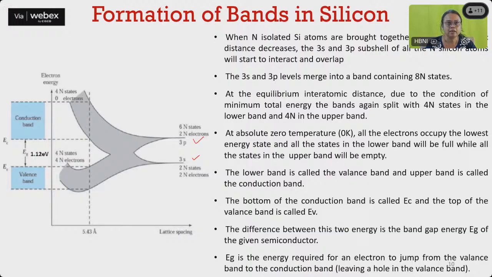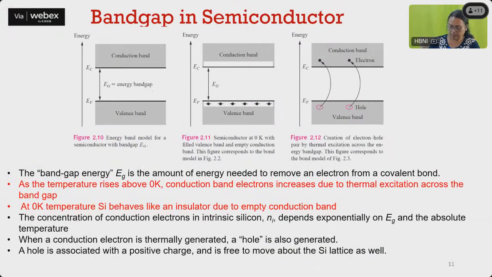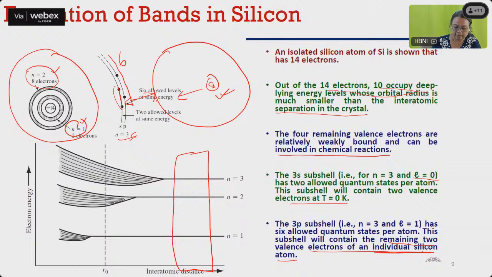Because of Pauli's exclusion principle, when the interatomic distance is less, they will all have slightly different energy levels.